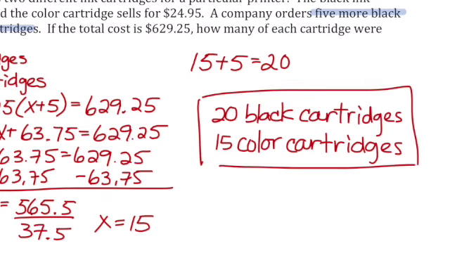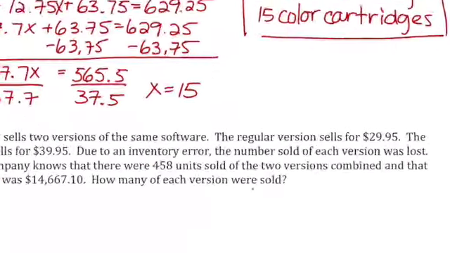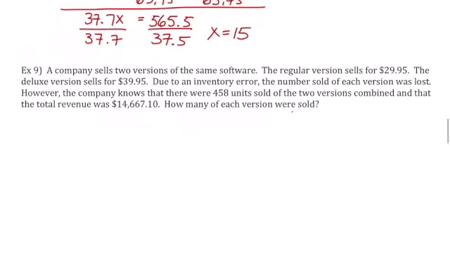Okay? On to number 9. Number 9 says, a company sells 2 versions of the same software. The regular version sells for $29.95. The deluxe version sells for $39.95. Due to an inventory error, the number sold of each version was lost.